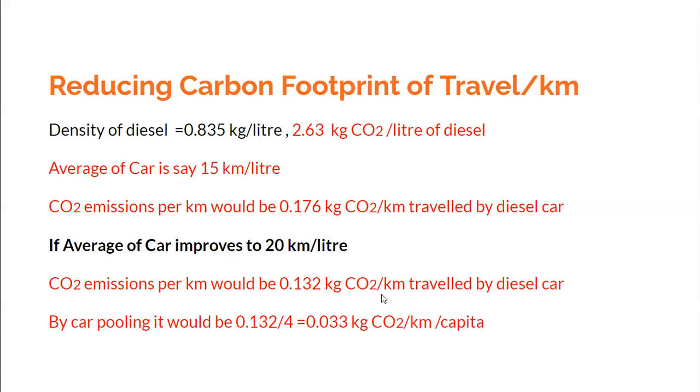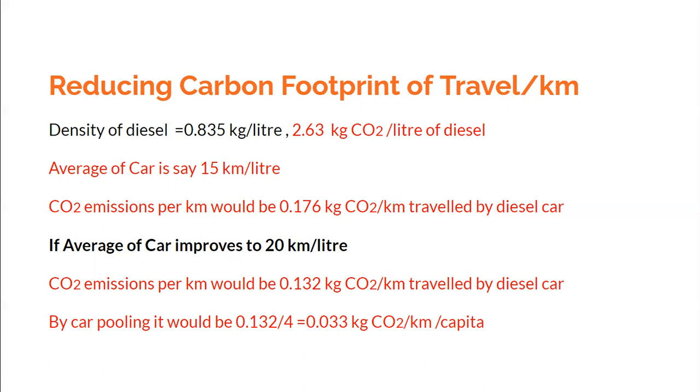Now, suppose a person travels individually in that car. So per capita, it would be 0.132. But if, instead of one person traveling to his workplace, 4 people come together and form a carpool, they would reduce the carbon footprint by 1/4.